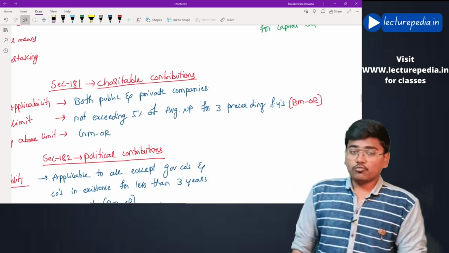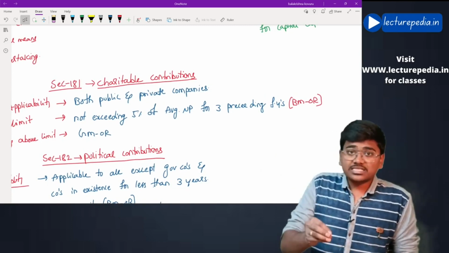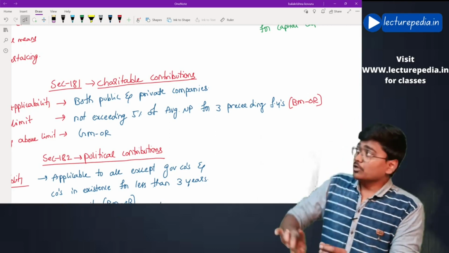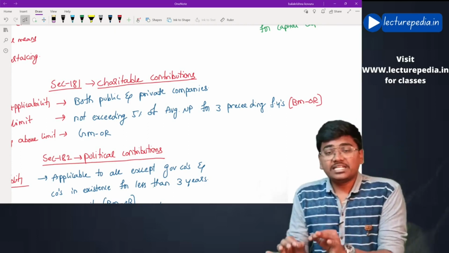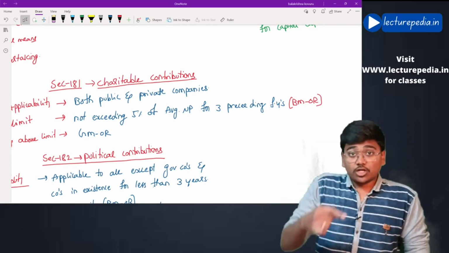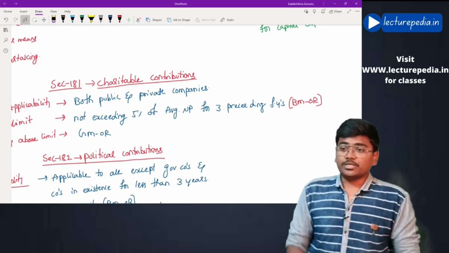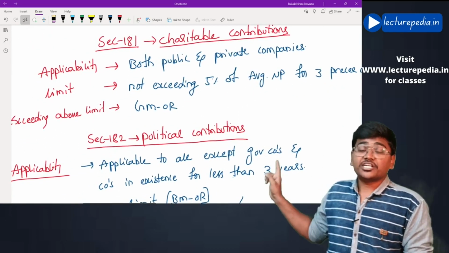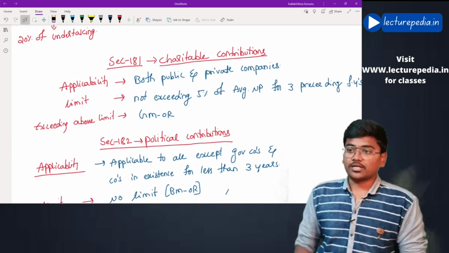If company wants to contribute an amount not exceeding 5% of average net profit of preceding 3 financial years, in that case board meeting ordinary resolution is sufficient. If at all company wants to contribute in excess of this limit, in that case it has to take general meeting ordinary resolution. Okay, this is section number 181.